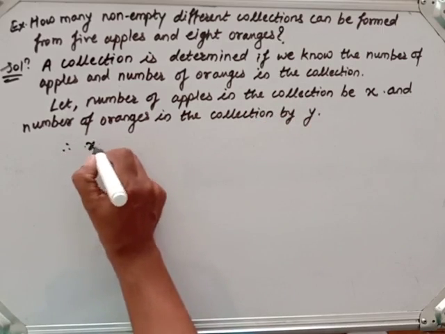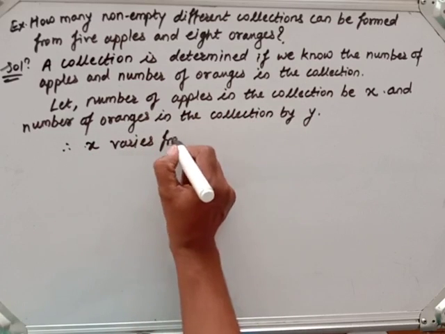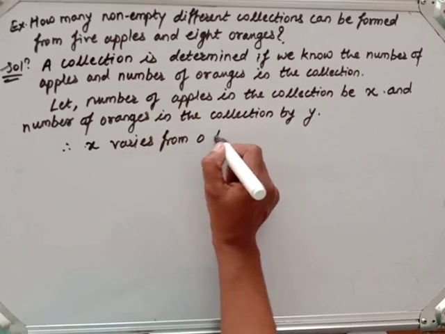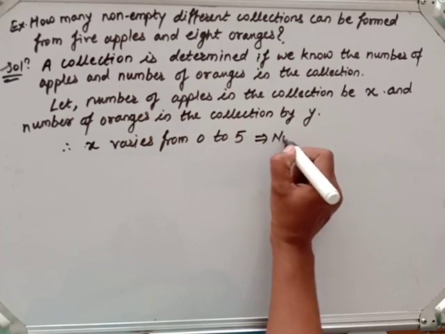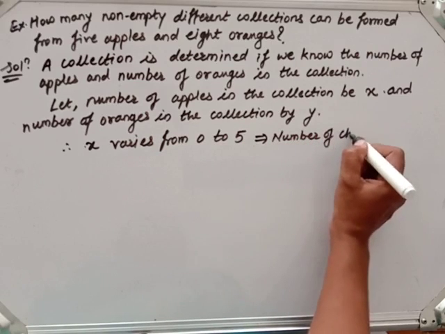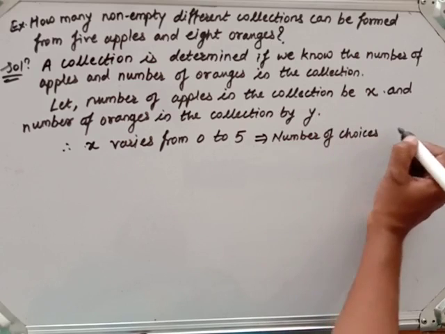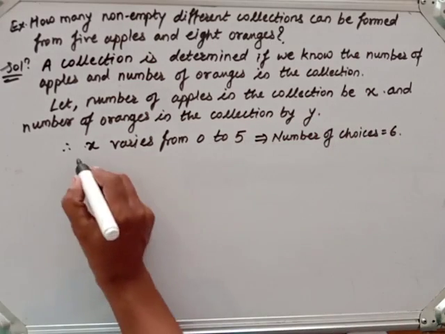Therefore X varies from 0 to what? 5. So number of choices are how many here? Number of choices equal to what? 6. 0 to 5, so number of choices 6.